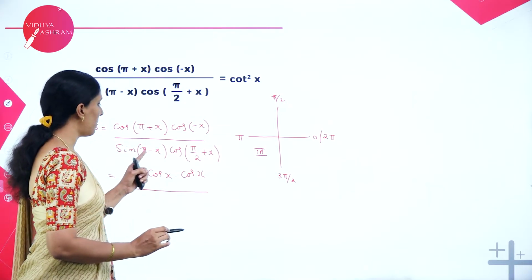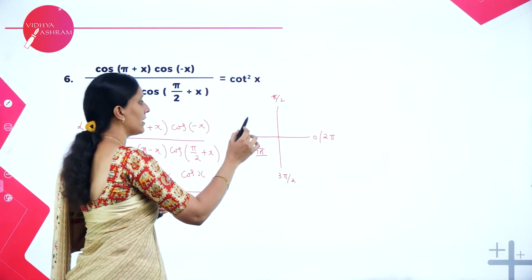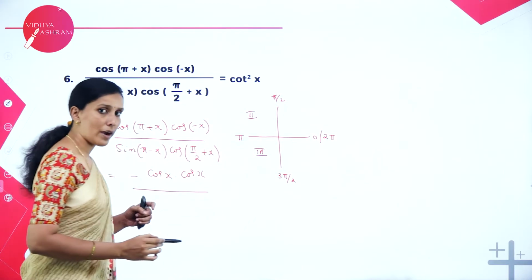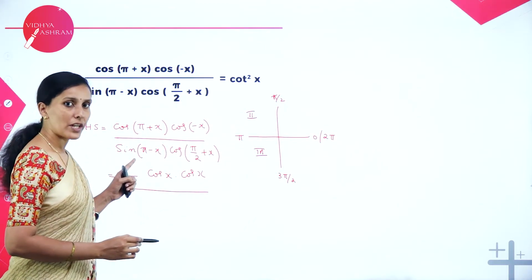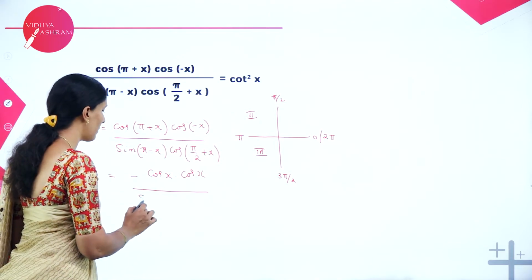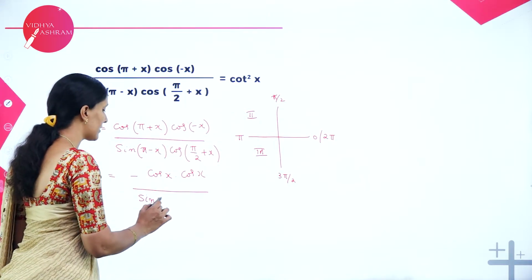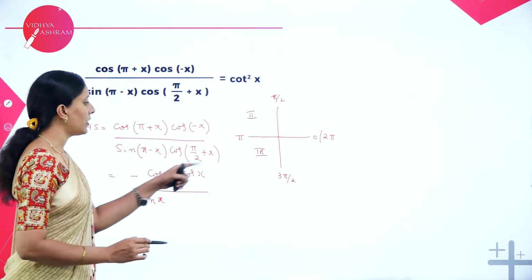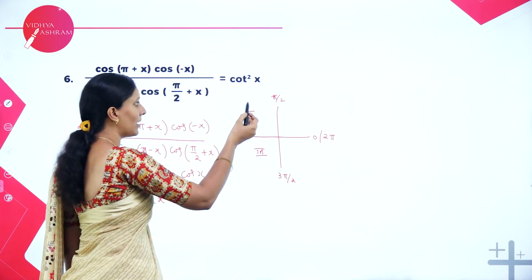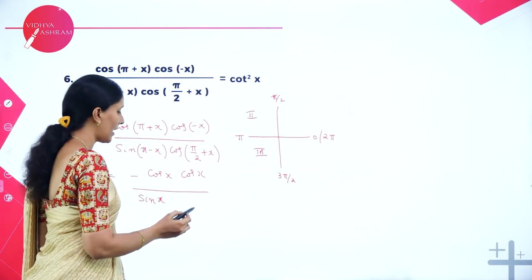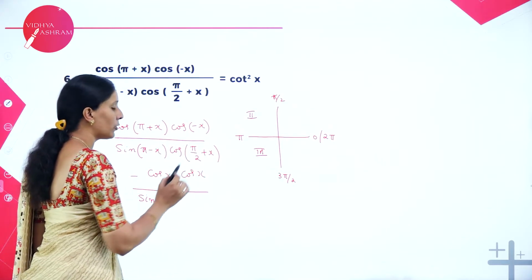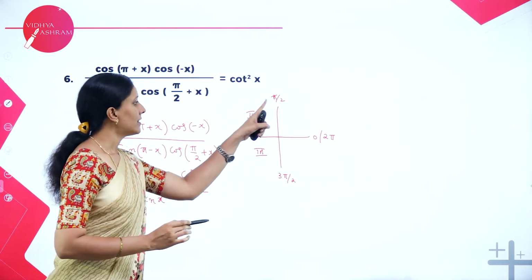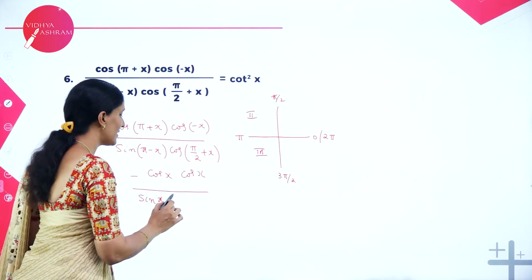Denominator we have sin pi minus x. So pi minus x means it comes in the second quadrant. And in the second quadrant, sin is positive. So therefore, this can be written as sin x. And cos pi by 2 plus x. So pi by 2 plus x means it comes in the second quadrant. So in the second quadrant cos function is negative.